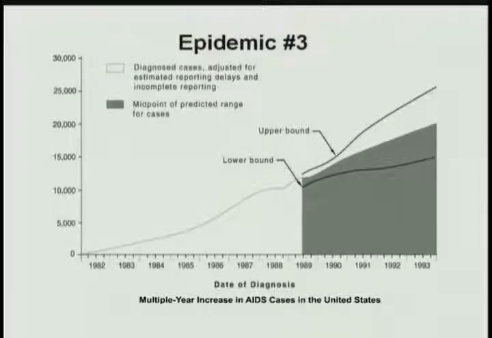Now, suppose instead of the predicted path of AIDS here with an ever-increasing slope, suppose from 1989 onward, AIDS actually flatlined. We continue to have a lot of it, but we had instead a standard constant number of cases going forward. Well, if that was the case, we would no longer talk about AIDS as an epidemic. Instead, we talk about AIDS as endemic, because endemic is a flat, constant amount of disease.